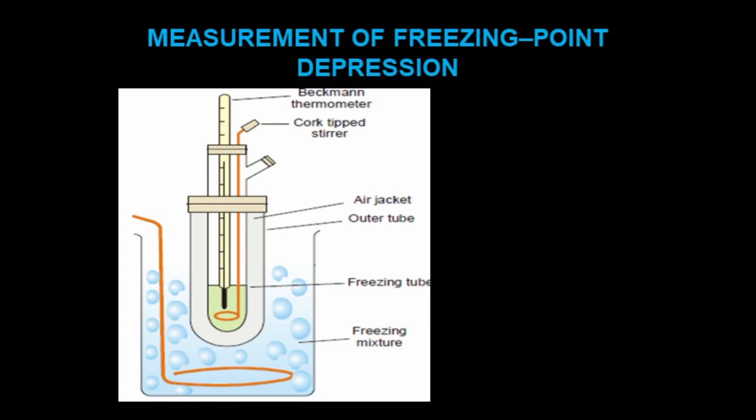If the molecular weight of the solute is lower, there will be only a slight reduction in the freezing point. If the molecular weight of the solute is larger, there will be a sudden decrease in the freezing point. By using a definite amount of solute with the corresponding molecular weight, we can reduce the freezing point of a solvent to any extent. That is the industrial application of the freezing point.